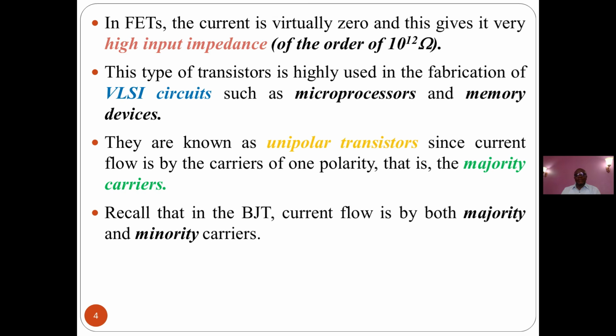It is very important that as a student of electronic engineering, you understand this very well, because it is something you will be meeting from time to time that a device has high input impedance, and by just hearing that, you should know the implications of that statement. In the next 2 or 3 slides, we'll be talking about it in more detail.